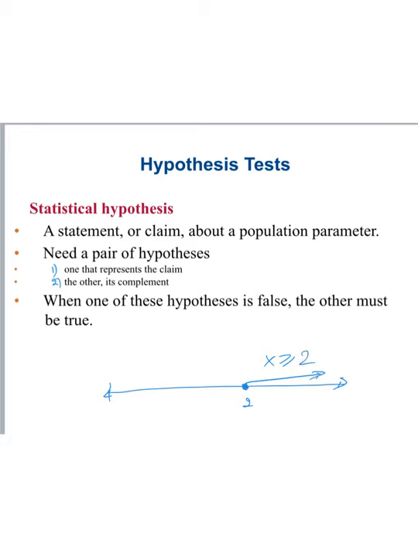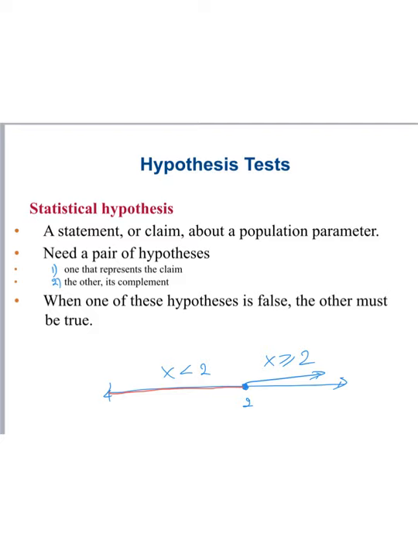That represents all of this right side, and here x less than 2 represents, let me use a different color here, this. Putting these together, these two are complements of each other, because all together they give you the whole number line.